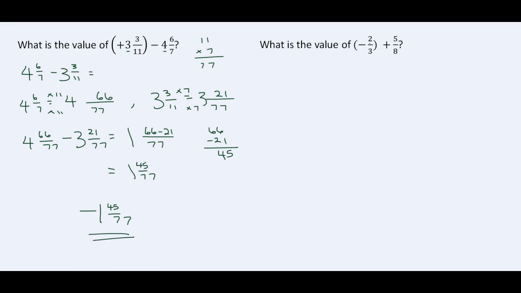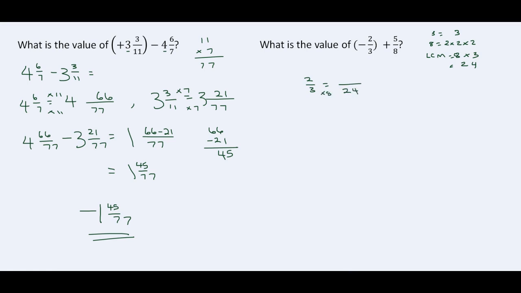Now we have negative 2 over 3 plus 5 over 8. So let's look at 3 and then 2 times 2 times 2. So our LCM is going to be 8 times 3, which is 24. So let's write 2 over 3. So 2 over 3 is going to be, we have a denominator of 24.